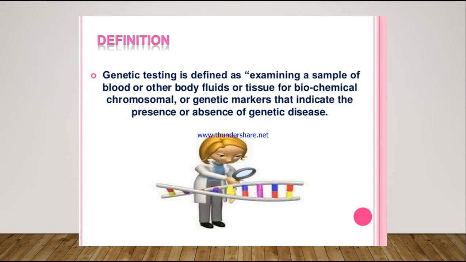This is for biochemical, to check for the chemical enzymes, then to check for the chromosomes, any alteration in chromosome number or any defect in the chromosomes, or genetic markers, any changes in the DNA, in the sequence of DNA. So these can indicate whether there is a genetic disease condition in the patient or not. So this is genetic testing.